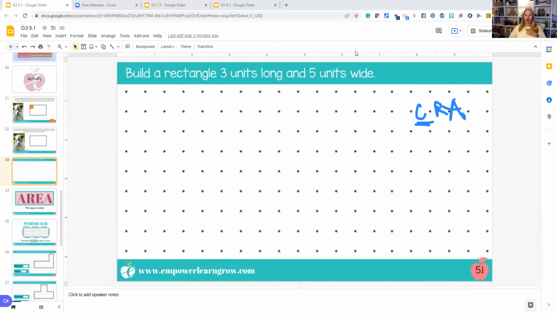Okay, but if we rob students in both 3rd and 4th grade and in 5th grade, actually, when we get into the fractional units, of the opportunity to see square units, then we're forcing them to rely on a mnemonic. We're forcing them to rely on a formula or just really a short-term something to remember, oh, this is just what I apply in this situation, versus falling back on what I understand about what area and perimeter are.